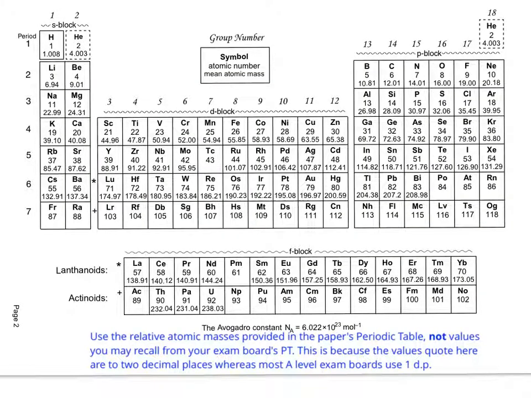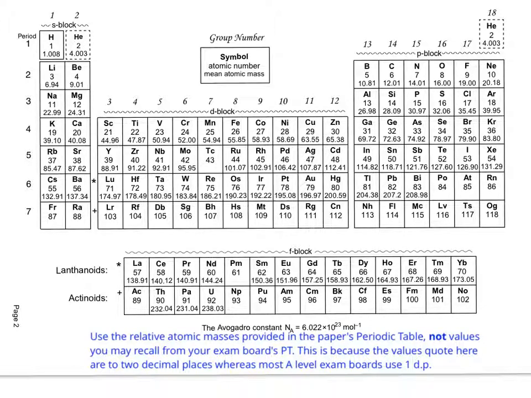So you'll get a periodic table with your paper, and you'll notice that the relative atomic masses are often quoted to 2 decimal places as opposed to 1 decimal place, which you might be used to. So the level of precision is higher, and you need to make sure you use the numbers given here in your calculations as opposed to numbers you might remember from your exam board's periodic table.